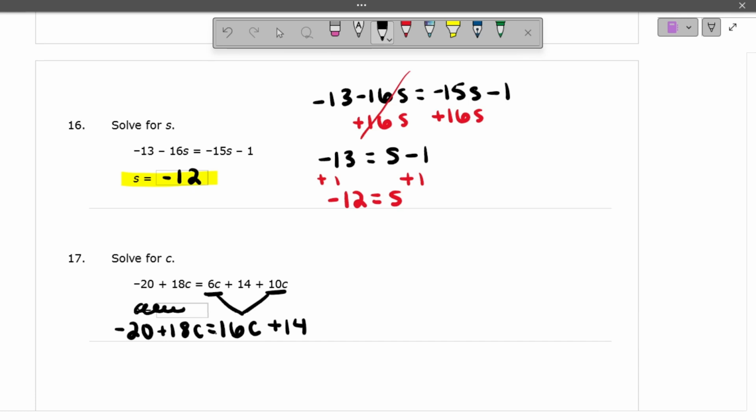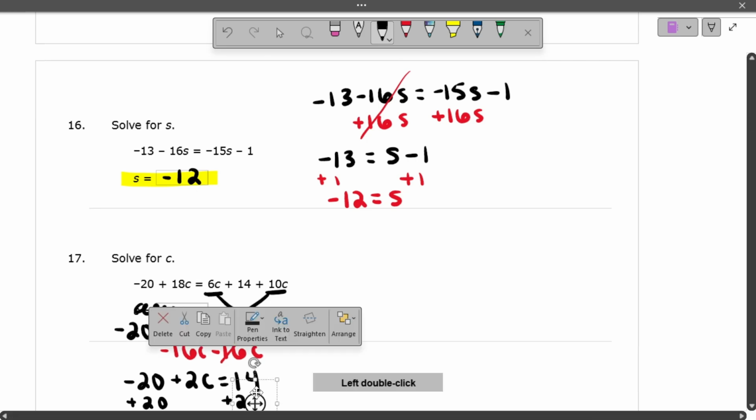So now that we've combined our like terms, let us subtract 16C from both sides so that we can start to move things over. All right, so we have a negative 20 plus 2C is equal to 14. Let's add 20 to both sides.